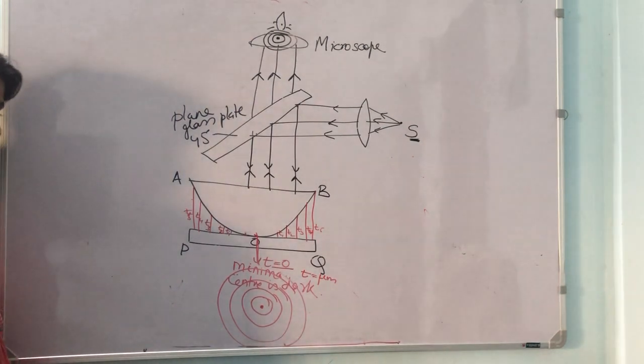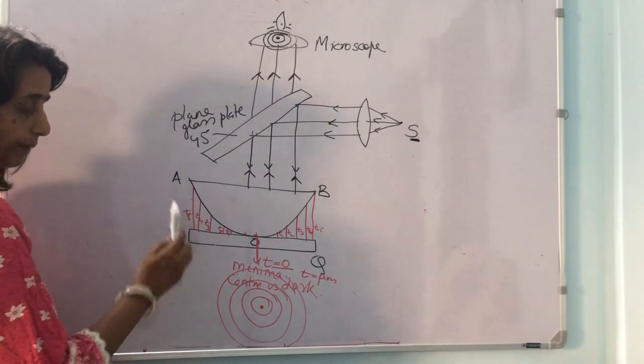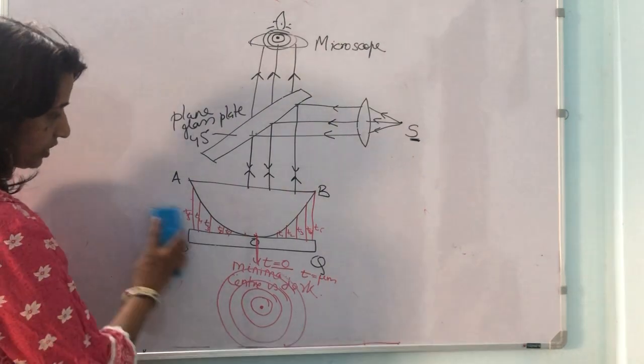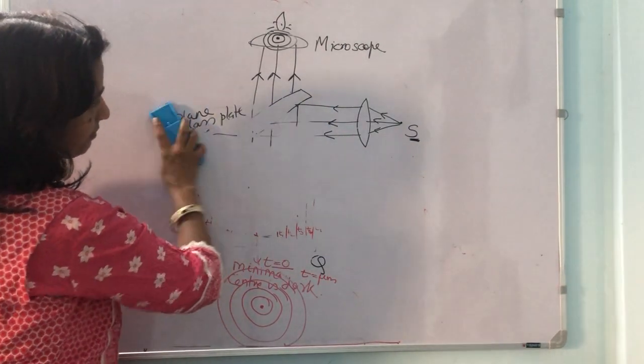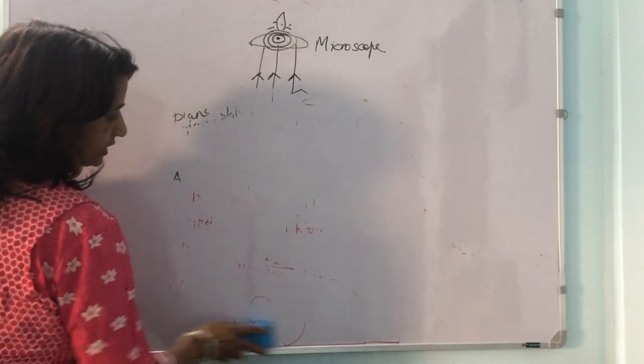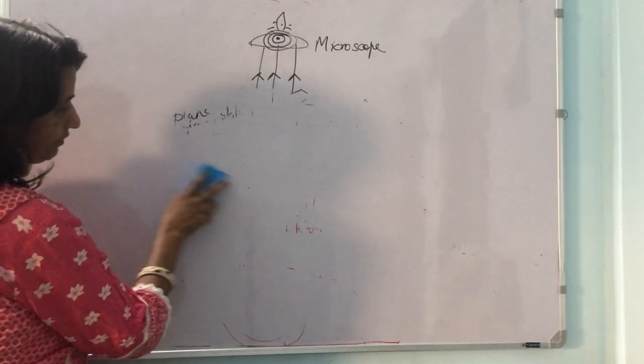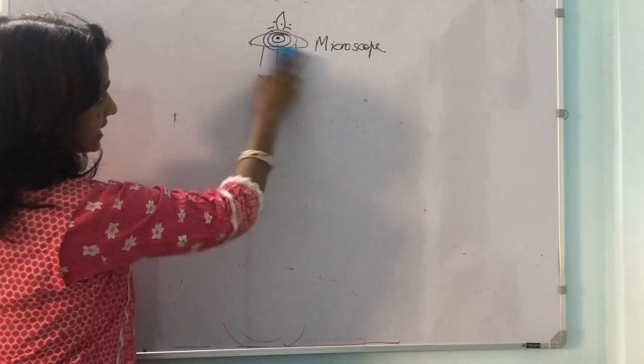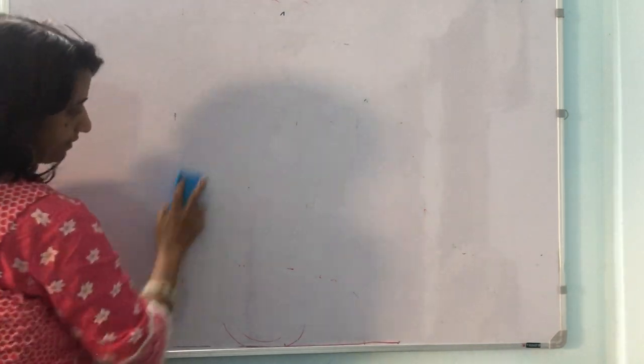The effective path difference between the rays, we can show in a more detailed diagram, because here for the first time we are observing a circular fringe pattern.